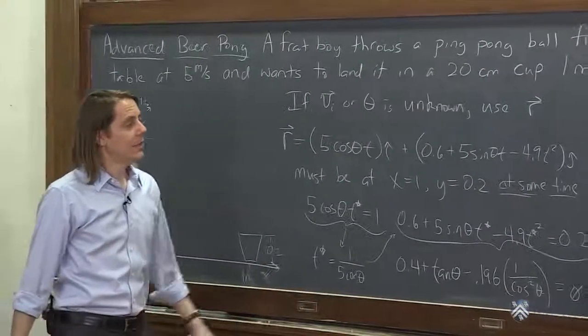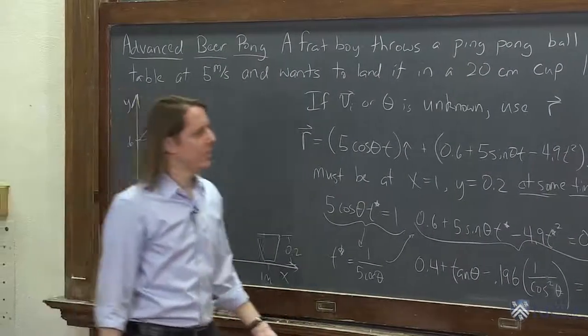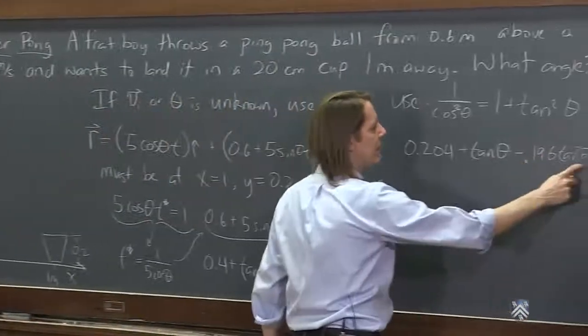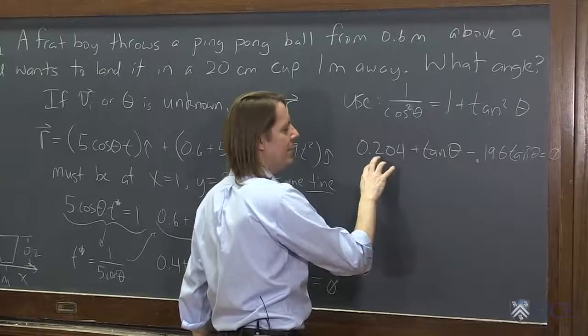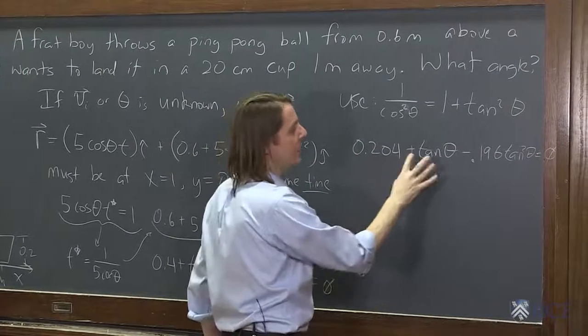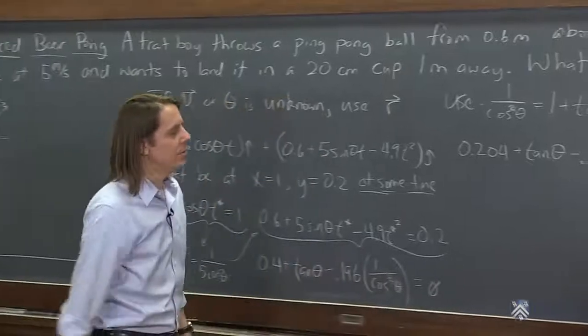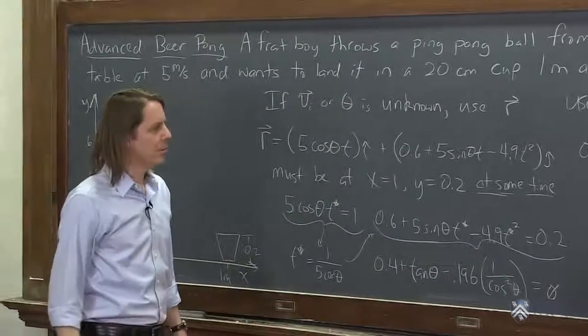Okay, and now that is a nice little quadratic equation, right? Tangent squared theta, tangent theta, the constant. So even though it's tangent rather than x or y, you can still solve it, quadratic equation.